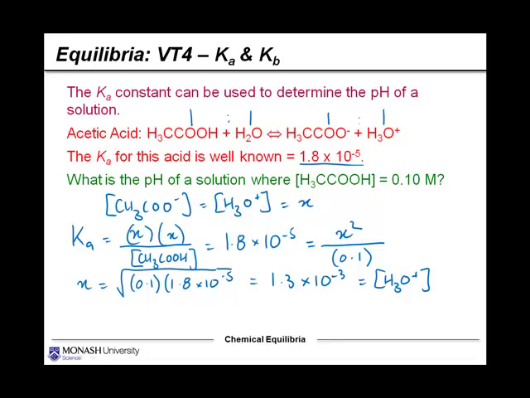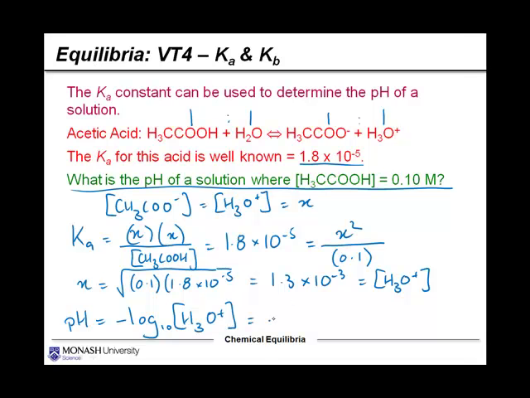How do we work out pH? Using this equation here. Well, we've just determined H3O plus, so sub that into the equation. And if I've done my calculations correctly, you should get an answer which looks something like that.